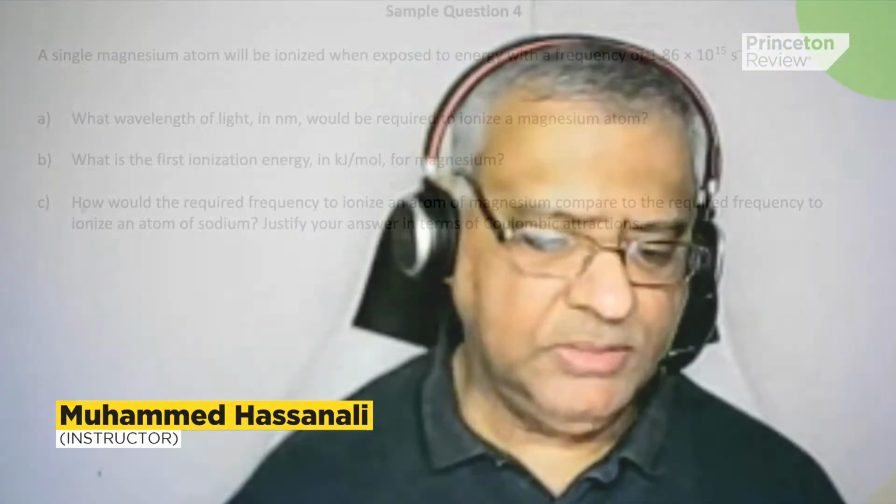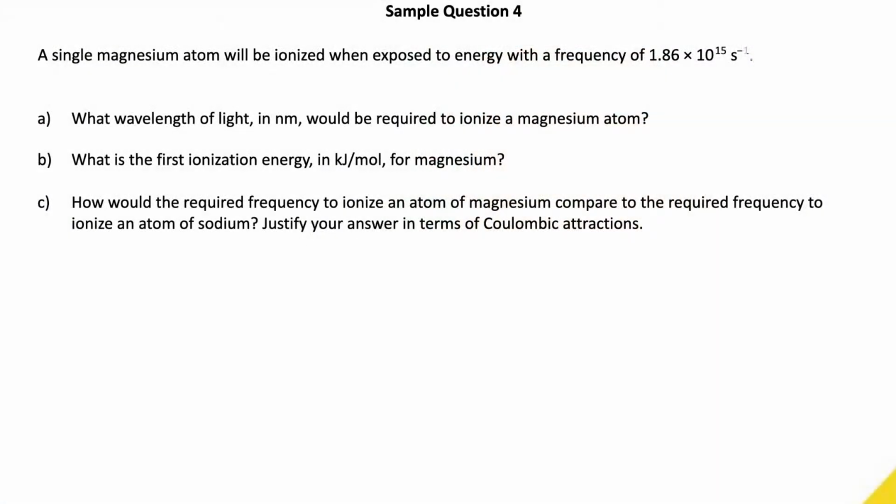So for part C, basically, I know that a sodium atom is larger than a magnesium atom, right? And that is due to fewer protons in sodium.